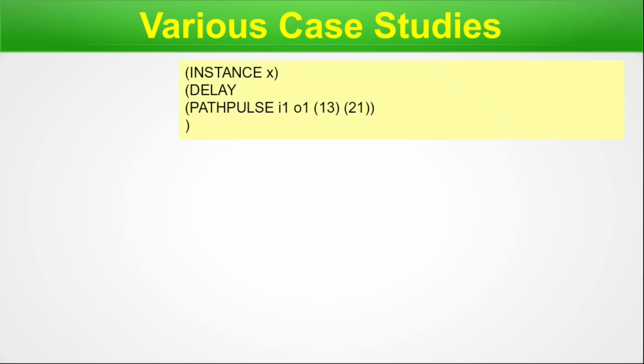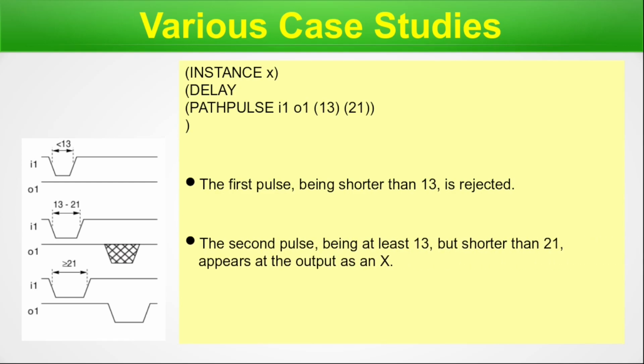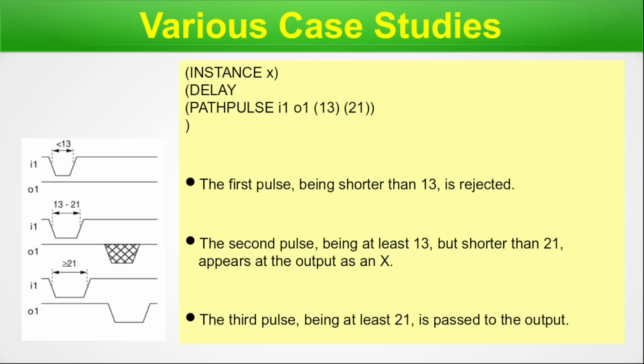Now we will look into various case studies. We'll use the same example and we will use this infographics here. The first pulse, being shorter than 13, is rejected. The second pulse, being at least 13 but shorter than 21, appears in the output as X. The third pulse, being at least 21, is passed to the output.